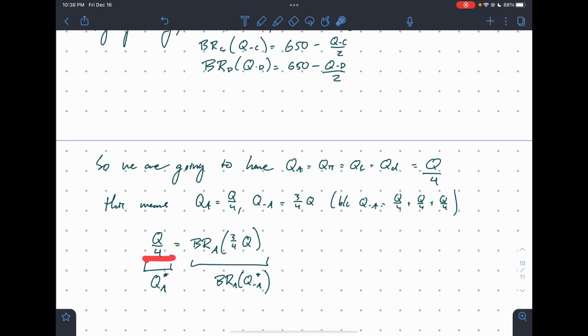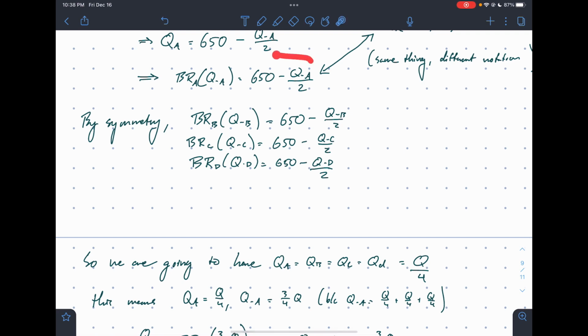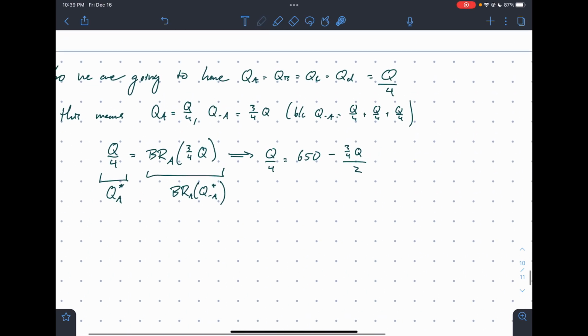So I need for this to be a best response to the added together quantities of other firms. So I'm just going to use my best response function to find what Q has to be. So I get Q divided by 4 is going to be 650 minus 3/4 Q divided by 2. Because again, I just plug this into the best response function. So it's going to be 650 minus the sum of the quantities of the other firms divided by 2. So that's what I do here.